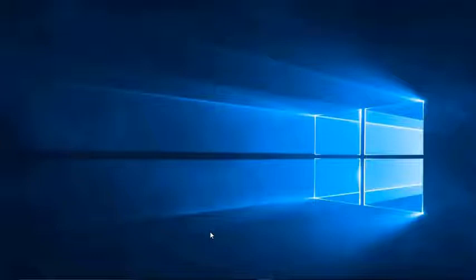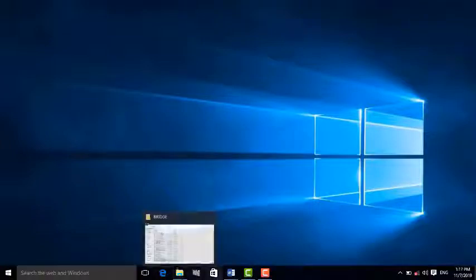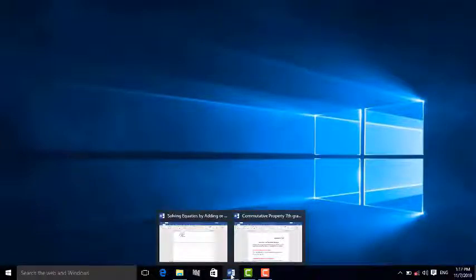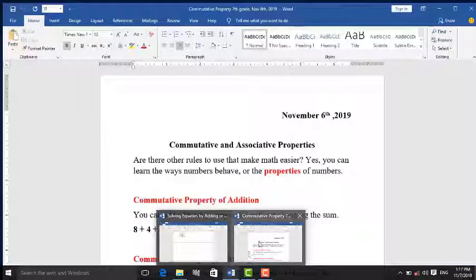Fidia again for a new class, 7th graders, and today we'll be learning about a new concept called the commutative property and the associative property.